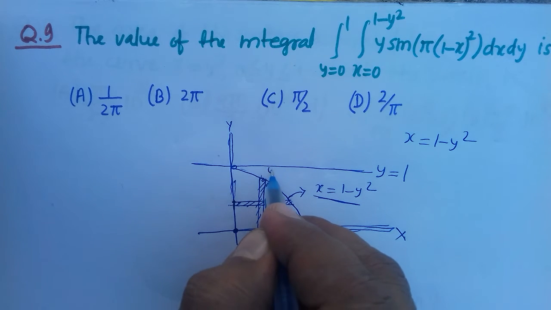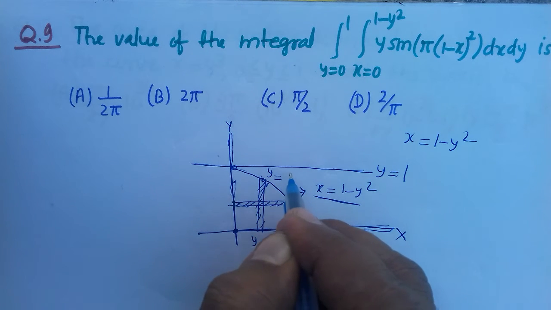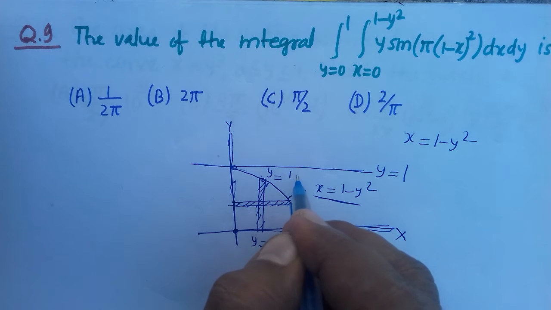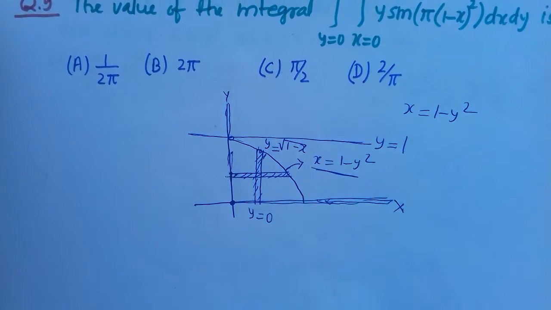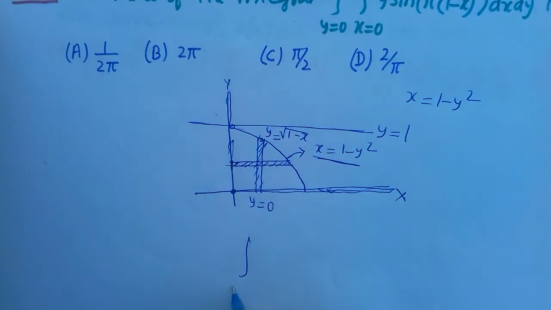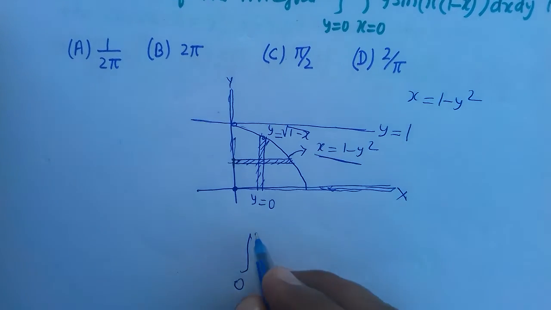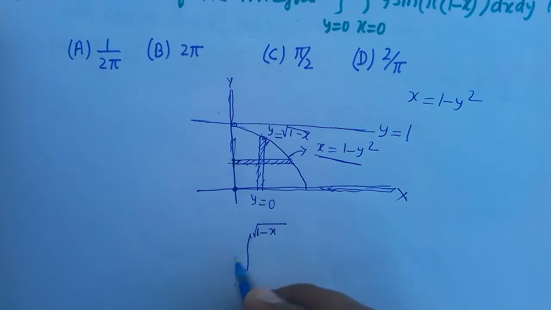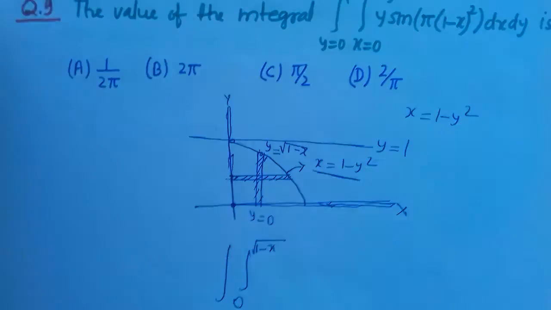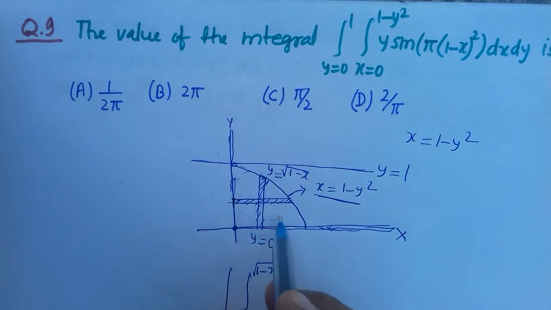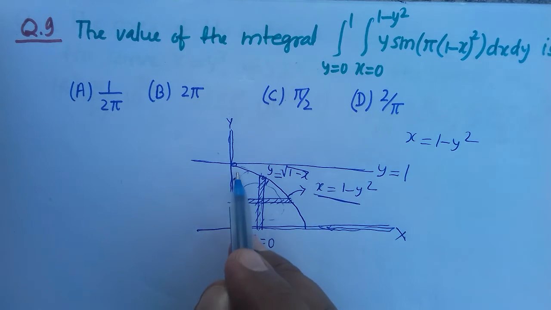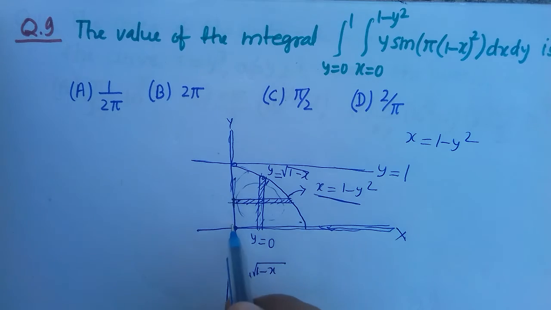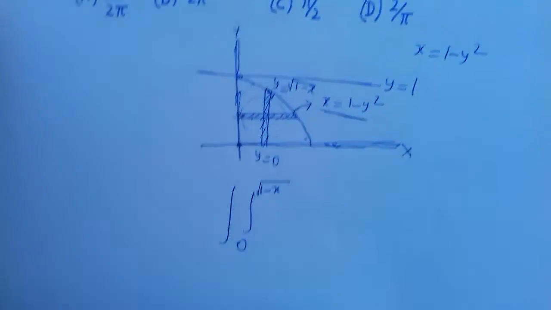y will be root of 1 minus x. So the limits of the first integration will be 0 to root of 1 minus x, and for the second integration, to cover this whole area, such strips go from this point to this point, meaning 0 to 1.